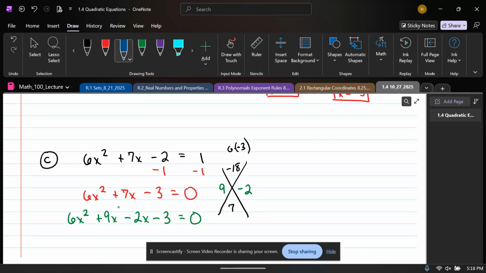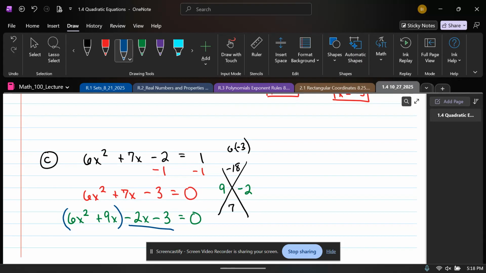And I'm going to group the first two together and then the second two together. This is directly what we had done in the lab there. But instead of, it didn't give it to me, I had to put it in there from my x. I only have to do that if there's a number in front of the x squared. This is the only time I have to do this.